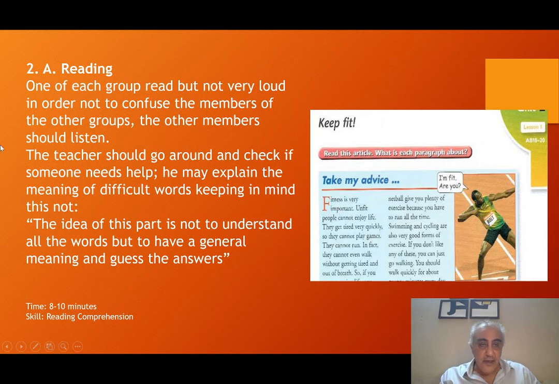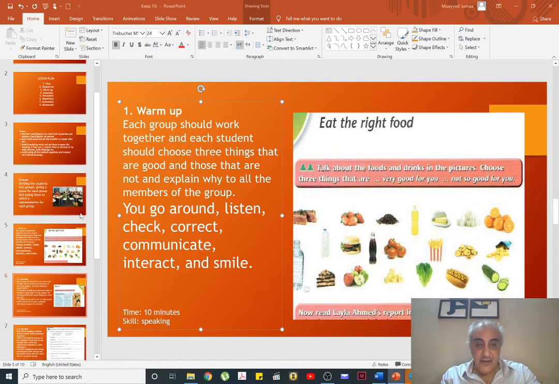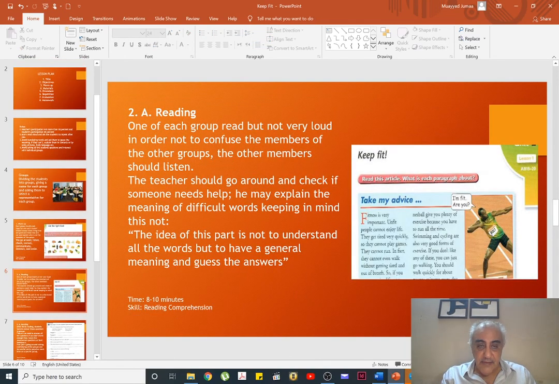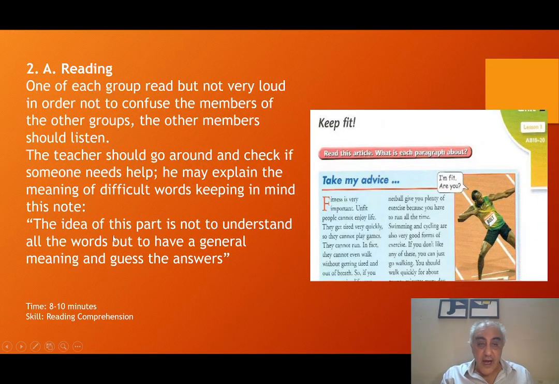Now, the teacher should go around and check if someone needs help. He may explain the meaning of difficult words, keeping in mind this note. The idea of this part, as I have just said, is not to understand all the words, but to get the general meaning and guess the answers, okay?